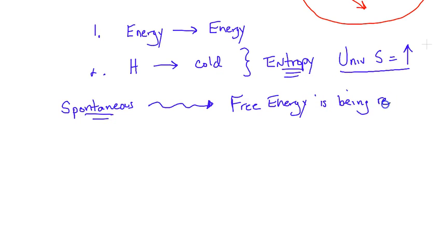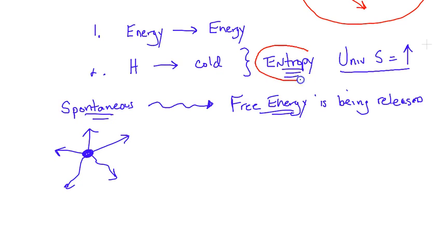And if free energy is being released, that means energy from a small area is dispersing out into the universe, and we would say the universe's entropy is increasing. Now, for those that forget, this entropy sometimes is good to understand as a measure of disorder. The best way to remember entropy is that it's the way to measure the flow of energy from a concentrated source to a diluted source.